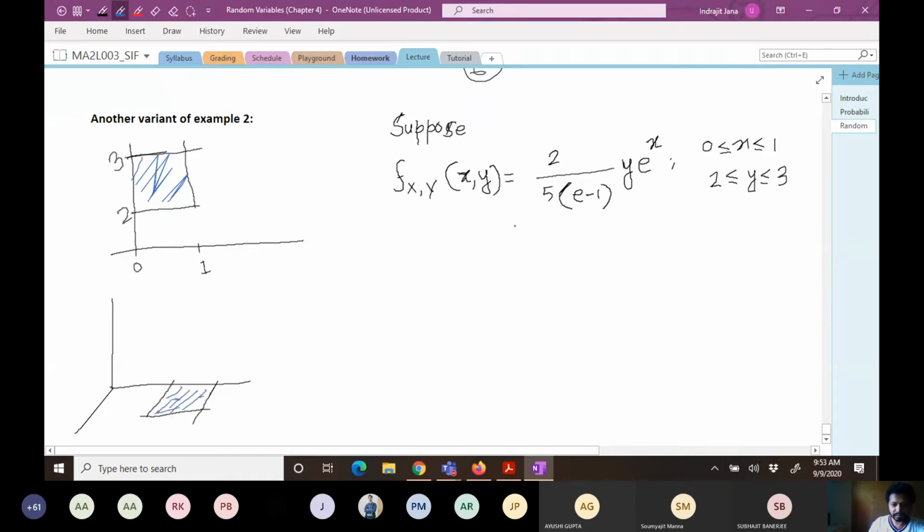And the joint PDF I wrote there is a picture above this domain, which is some kind of function. I don't know the picture. So this is the picture for this f(x,y), the joint PDF.